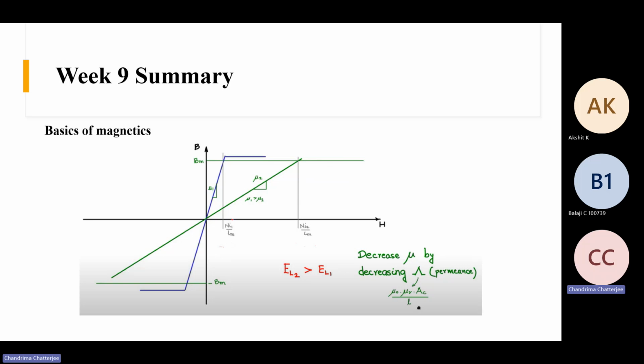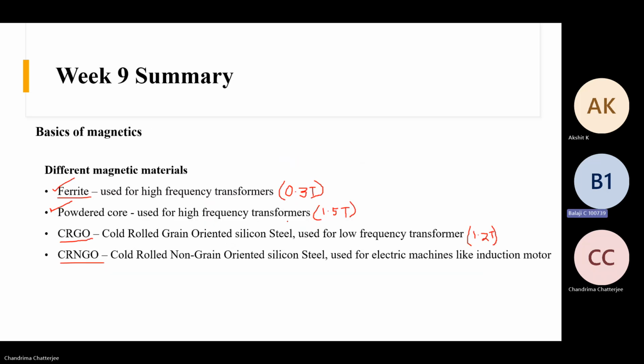So now you can go to higher current and it will not get saturated. Okay, so that is the point of introducing air gap. So the energy will be stored in the air gap. Yeah, right. Okay.